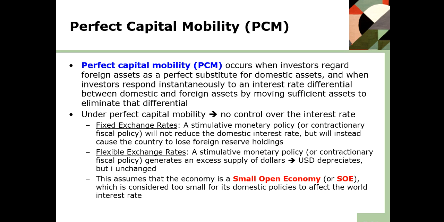This assumes a small open economy. What do we mean by that? Small means this economy is too small to affect the rest of the world. And open means they have trades and transactions with other countries. It's not a closed economy.